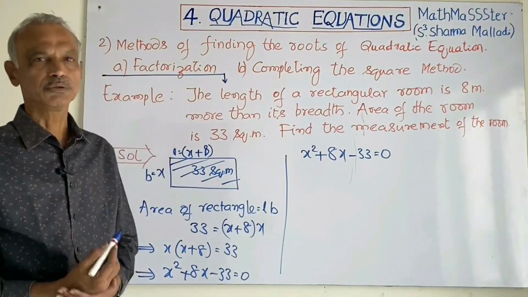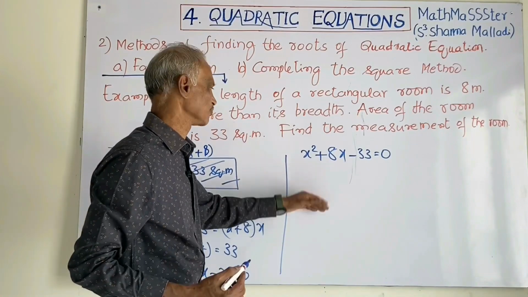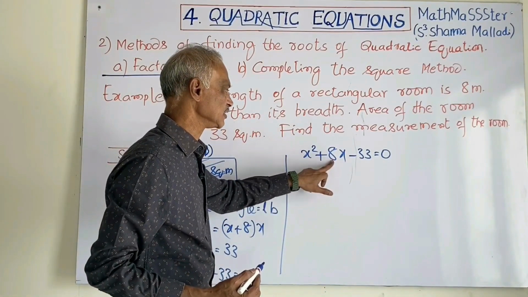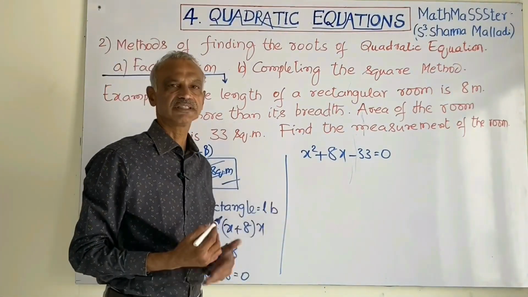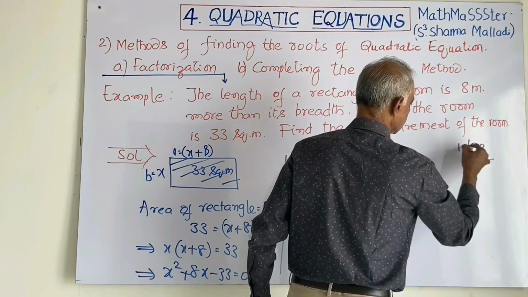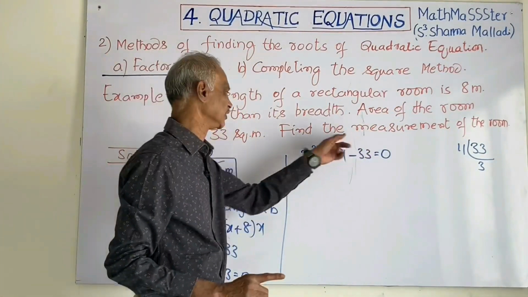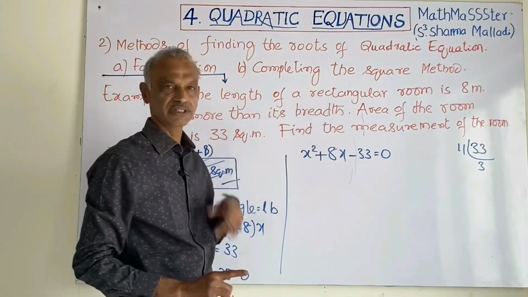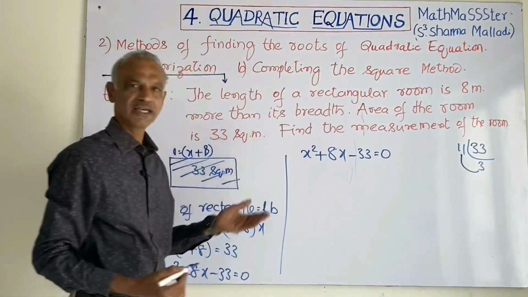You know how to do the factorization. It will have two roots, two zeros. 8 is there and 33. 33 can be written as 11 into 3. 11 into 3, 33, and when you subtract, you get 8x.